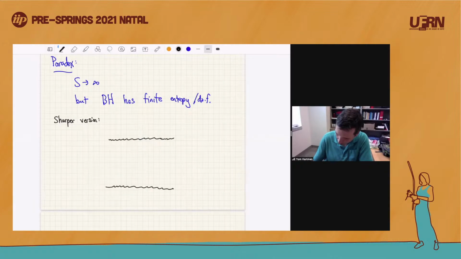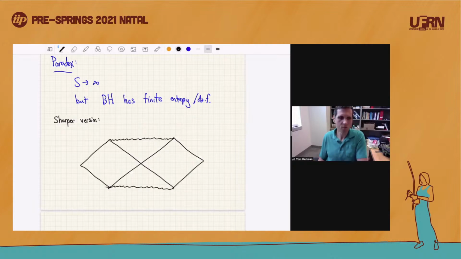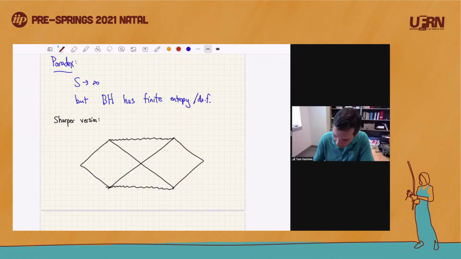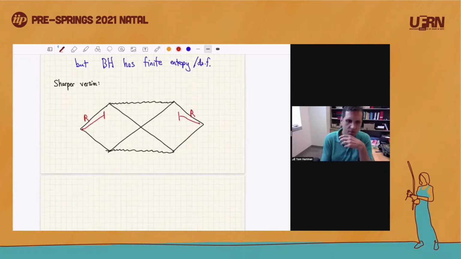Okay. Here's our black hole. So here's region R. So when do we have a problem?